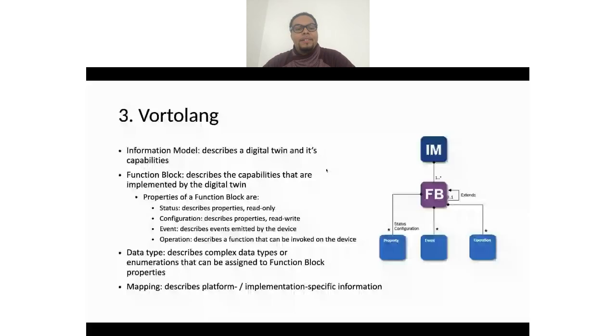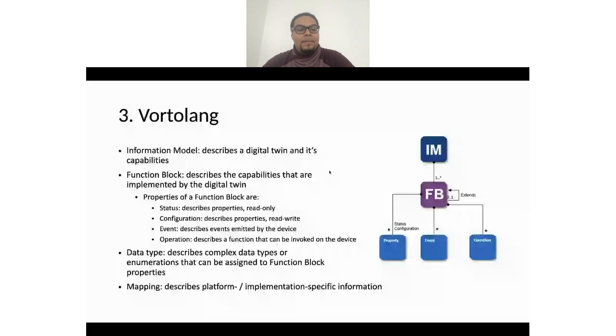When we look into the language, we will see that there is one top-level element that you can see on the top right of the diagram, which is the information model. This is basically a representation of a digital twin and all its capabilities. Then below that, we will have the function block. One information model consists of at least one or multiple function blocks, and the function blocks describe the actual capabilities.